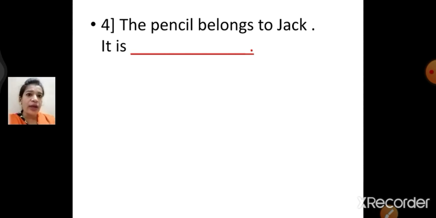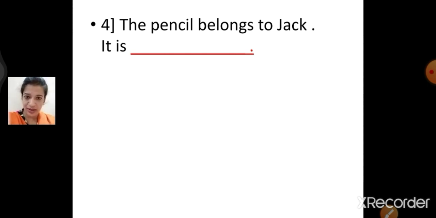Now see the fourth one. The pencil belongs to Jack. Now here this sentence is upside down. In the first one, what you did was use apostrophe S: it is Jack's book. It belongs to Jack. Now here the sentence is upside down, like this sentence is given first. The pencil belongs to Jack.